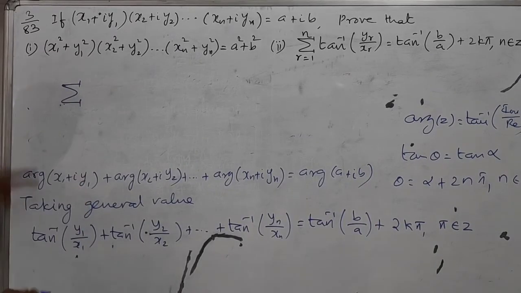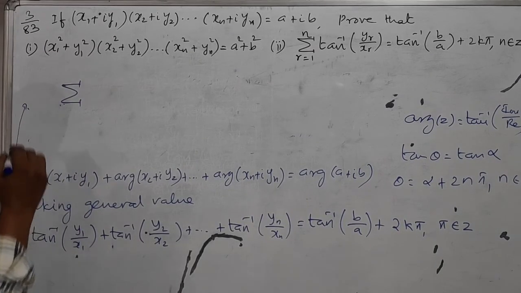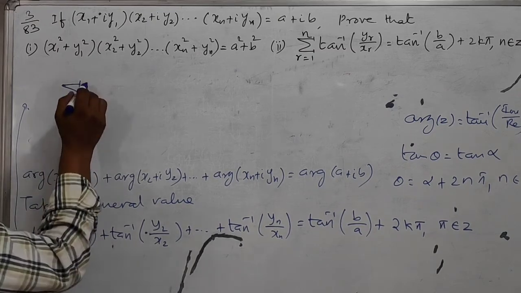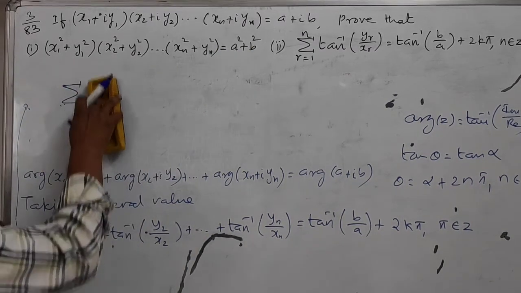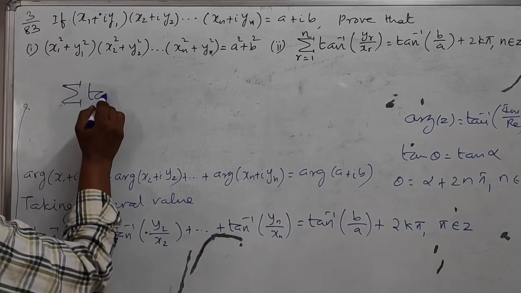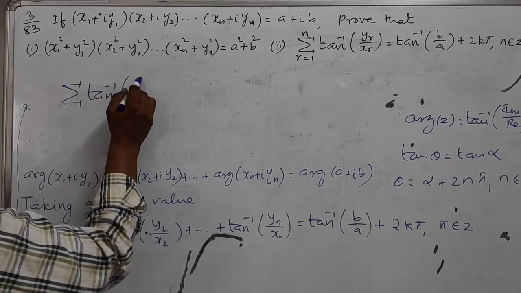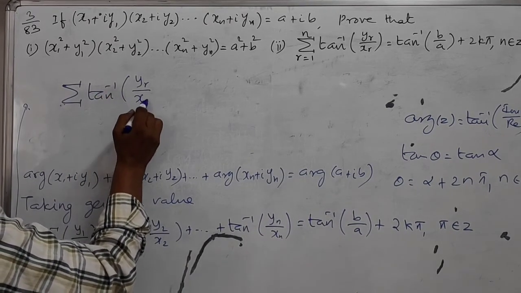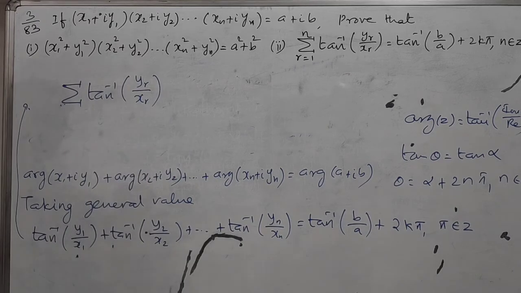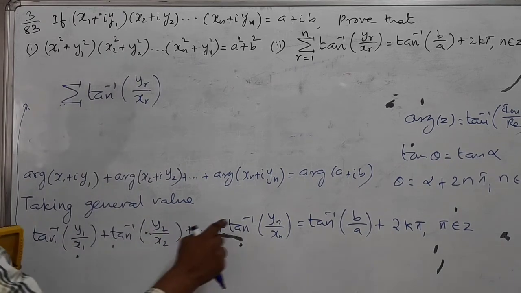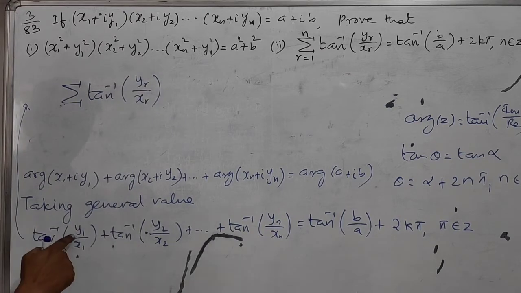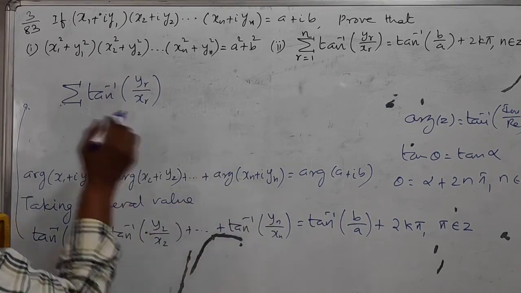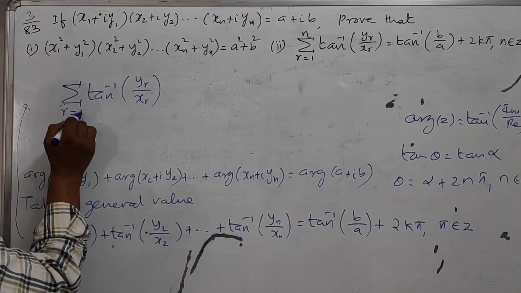After this step, you write the summation. Here we have summation of tan inverse of yr by xr. Yr by xr means here 1, 2, 3, and so on up to n. Therefore, the first value of r should be 1 and the last value should be n. So you can write summation over r equal to 1 to n.